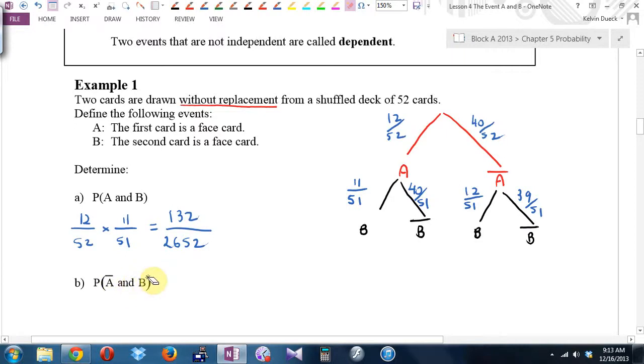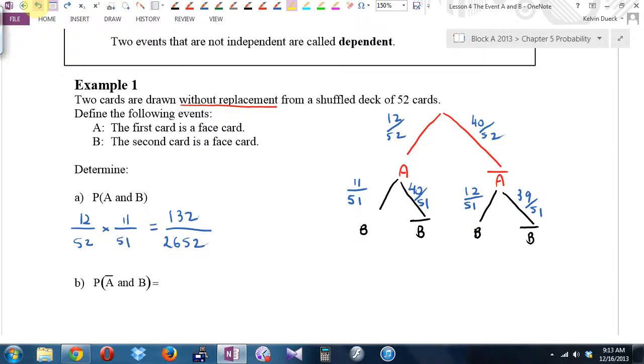Now let's translate it into English. What does not A mean? The first card is what? Not a face card. And the second card? I think it's that branch, isn't it? I don't want to mess up my tree, but that's what we're talking about. Multiply down.